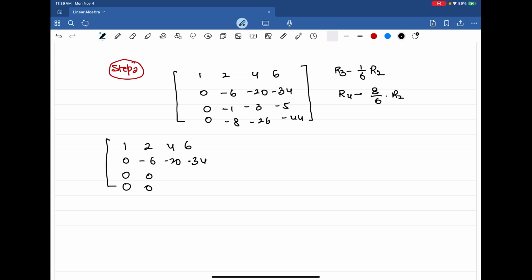Now, here it comes value minus 3 minus of minus 20 into 1 by 6. Here it will be minus 5 minus of minus 34 into 1 by 6.